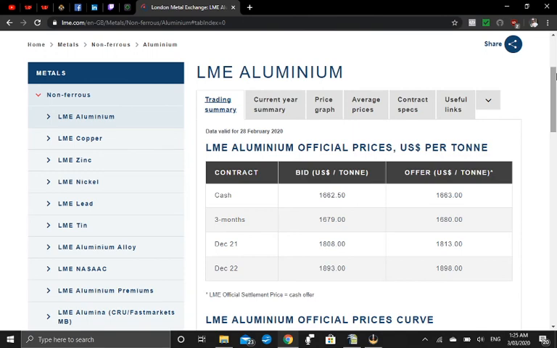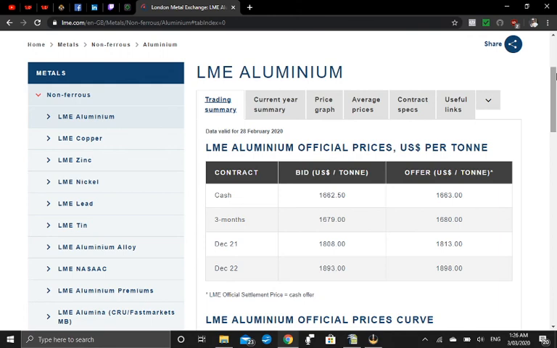India seems to be the country that has the greatest demand for aluminium, and this is probably due to the fact that aluminium is cheaper than copper and more abundant than any other metal, and probably also due to the fact that they have a growing car industry there as well. That's probably the reason why they're the biggest importers of aluminium.